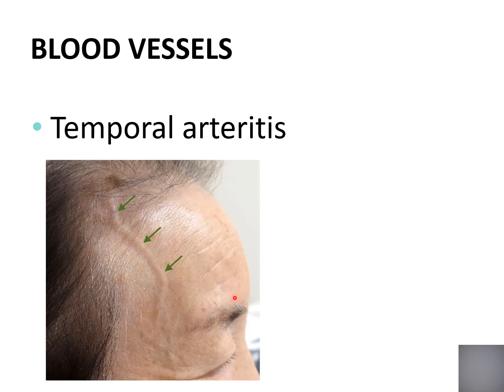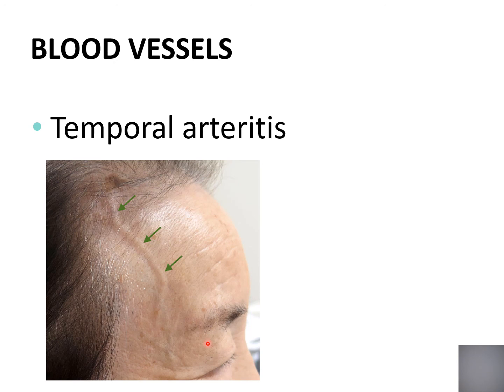One of the most serious aspects of temporal arteritis is involvement of the retinal arteries, which may lead to permanent blindness. Therefore, early recognition and referral is essential to prevent this complication.